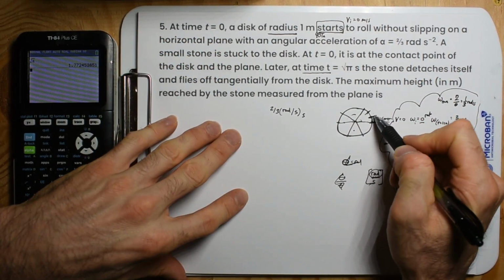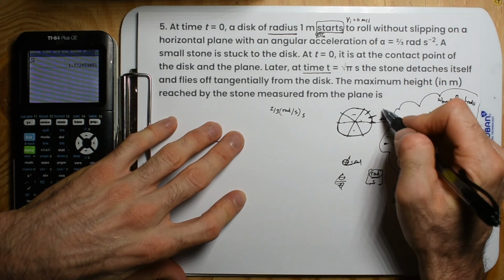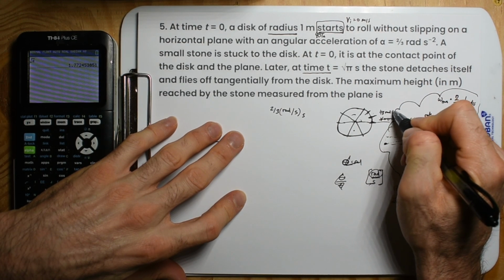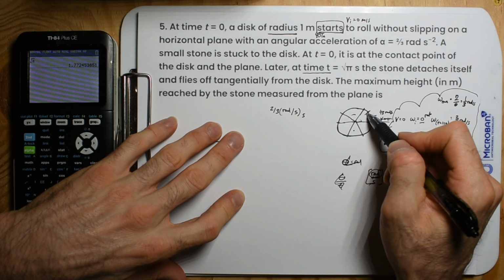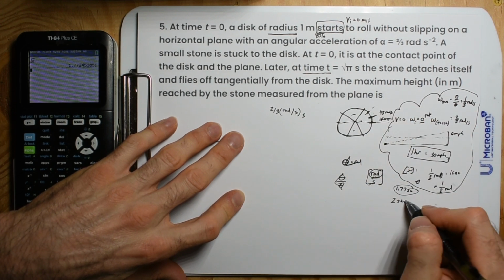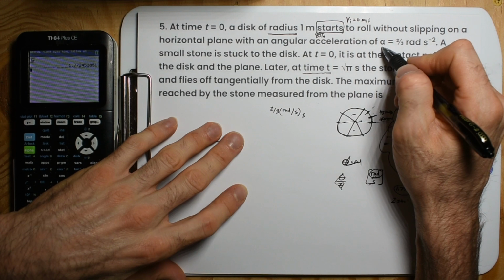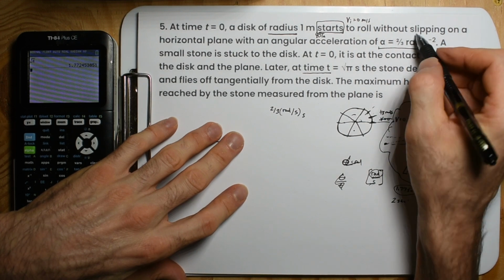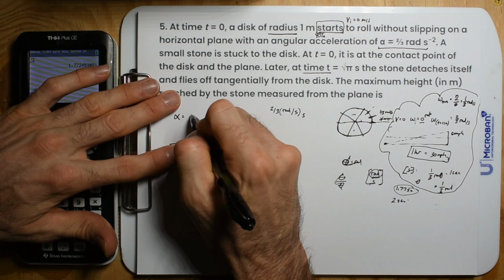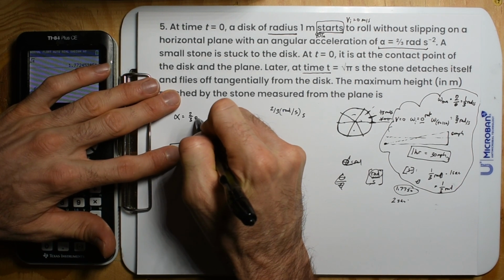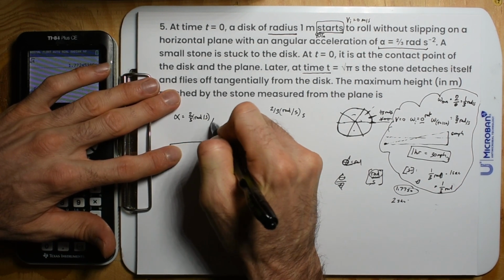All right, so now we're here, and we're already going 1/3 of a radian per second. In the next second, guess how fast we're going to be going after 2 seconds. Well, our angular acceleration is 2/3 of a radian per second. Let's write that again: angular acceleration is 2/3 of a radian per second.